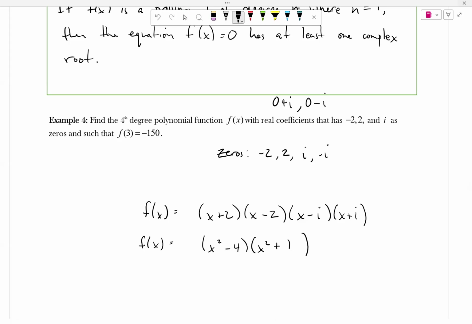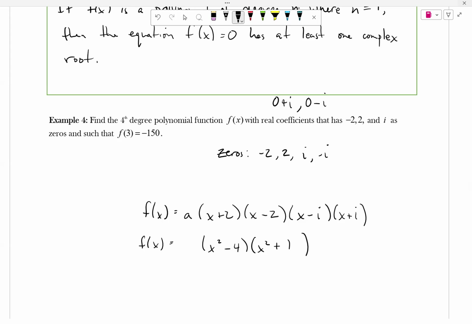Now, notice it does say to find a zero such that f of 3 is equal to -150. If we plug in a 3 into this function, do we get -150 as an output? We do not. So in order to fix this, I'm going to introduce something that won't mess with the factors. In other words, I'm going to introduce a leading coefficient.